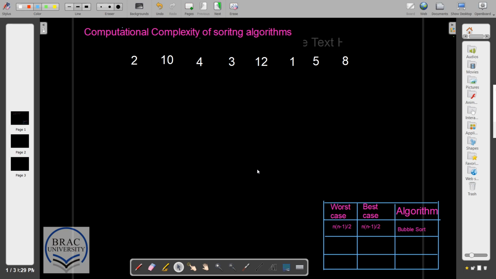So we have seen that the best case complexity and the worst case complexity for bubble sort is always the same. So this is the average case complexity of the bubble sort algorithm.